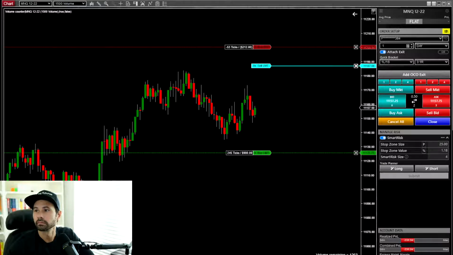Yeah, price is being rejected at the zero line. I don't like that, but it hasn't created any other high. If it creates a new high on the tick, I will take this order off. But for now, I think it's good. Pretty narrow risk though.